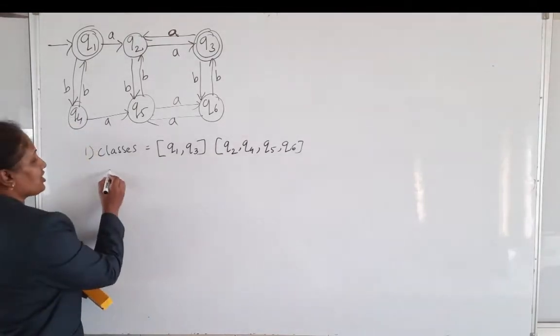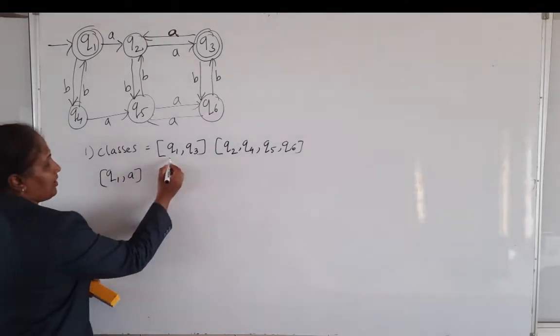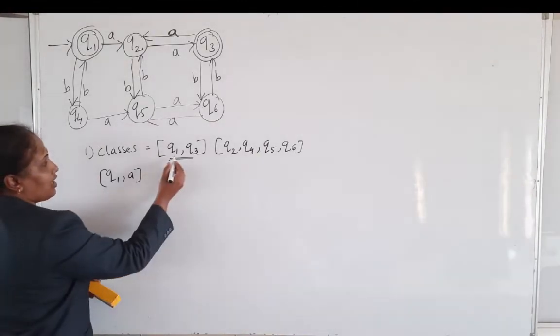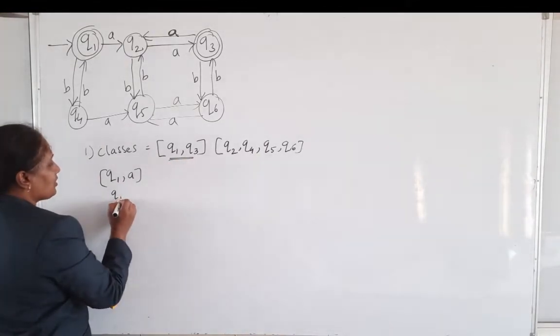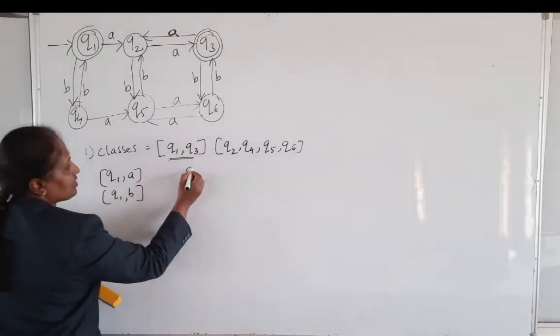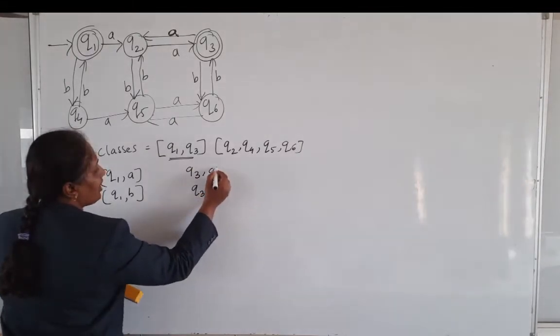So for that I should check the transitions first. Q1 of A, I am considering the first class where I have the Q1 and Q3 states. Next Q1 of B I should check. Next Q3 of A and Q3 of B I should check.